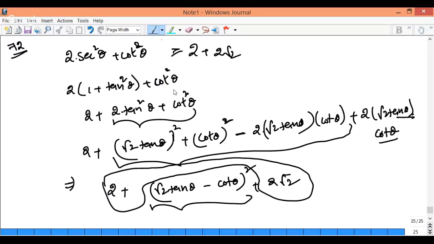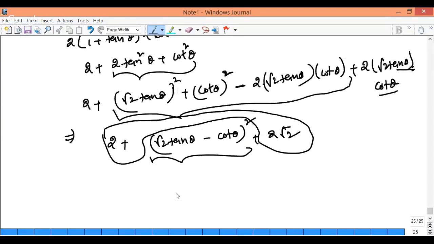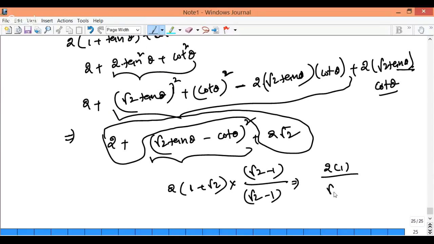Then it is simple simplification. Take 2 common: 1 plus root 2. Multiply and divide by root 2 minus 1, and it will become 2 into 1 by root 2 minus 1. So that will be your answer, option B, 2 by root 2 minus 1. We are just changing it according to our options.